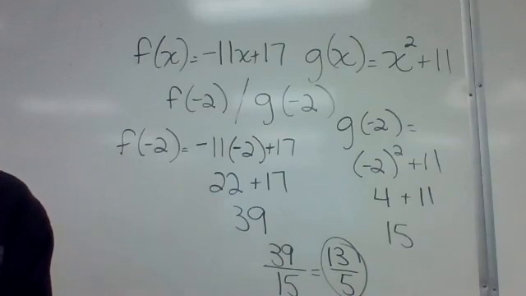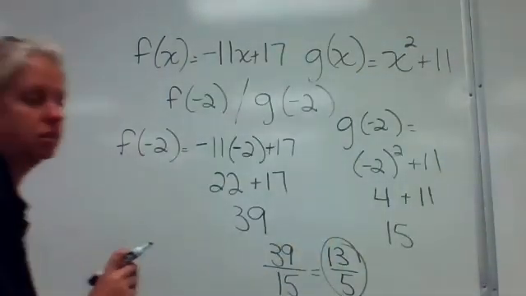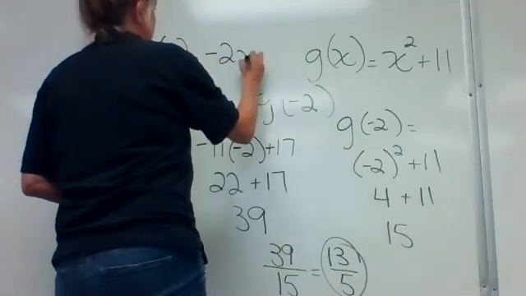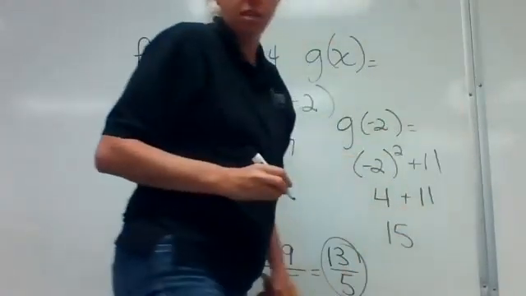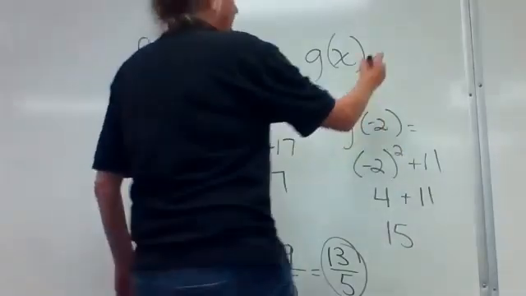Number 8. F of x is negative 2x plus 4. G of x is x squared plus 5.